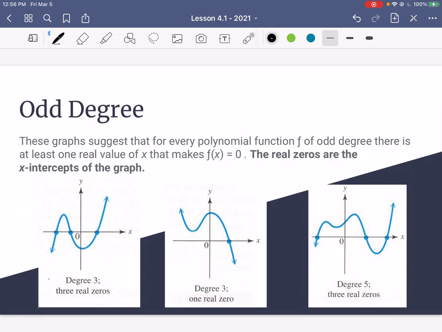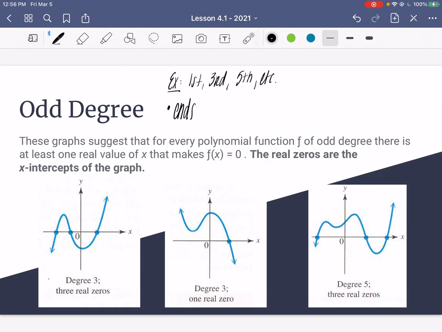Okay, so an odd degree polynomial, again, it's exactly what it sounds like. If you have a first degree, third degree, fifth degree, seventh degree, etc., so any odd number, if that is the degree of the polynomial, it has a specific quality about it. One of those things is that an odd degree polynomial always has its ends of the function point in opposite directions.